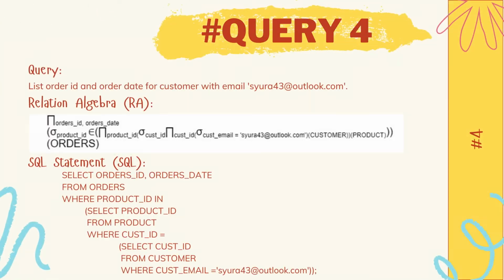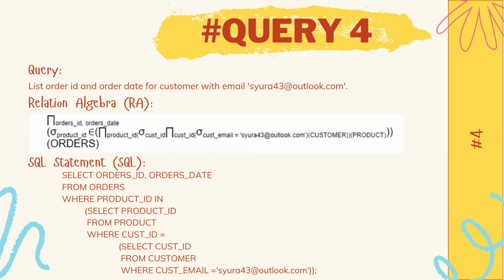Next, for query 4, list order ID, order date for customer with email shura43@outlook.com. This is the relational algebra and this is the SQL statement.